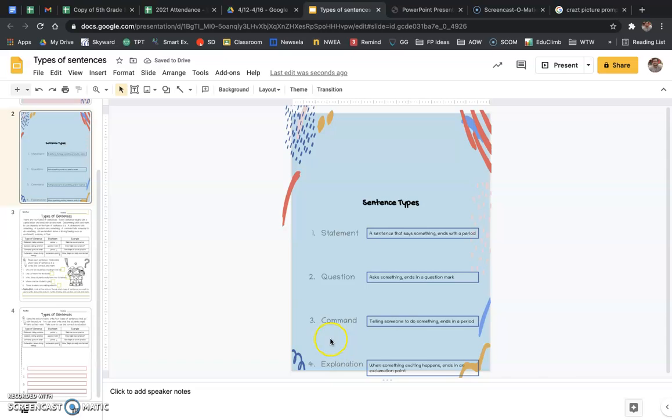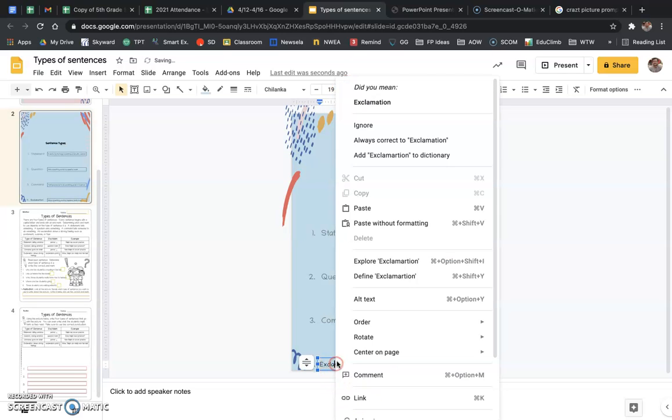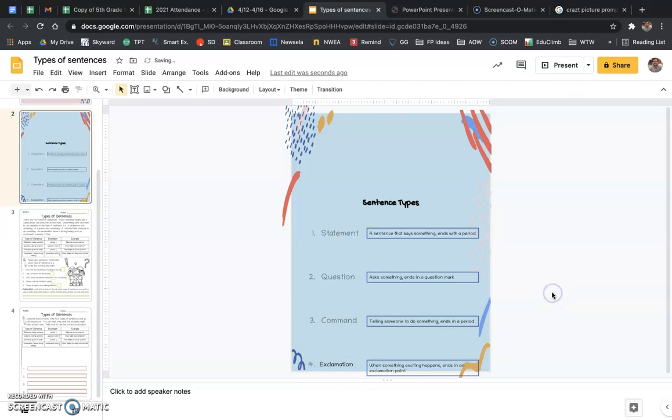Alright, so this says explanation and it's not supposed to say that. So give me 1 second here. I don't know why I borrowed this from the internet. I should not have. Okay, there we go. Exclamation is when something exciting happens, ends in an exclamation point.